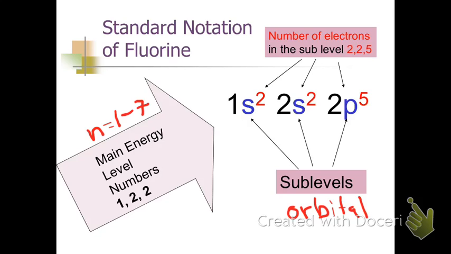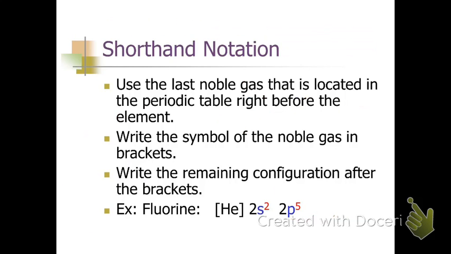If you do electron configuration in standard notation, you always have to start out at hydrogen with 1s2, and you just start rattling them off, going down the periodic table to the element that you are searching for. Now, once students do a little bit of shorthand notation, they say, wow, I have to write so many symbols.